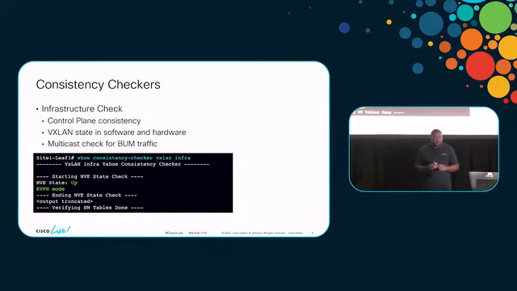Apart from our configuration checker, we also have an infrastructure check. The infrastructure check is going to validate things such as our control plane, our VXLAN hardware and software programming, and then lastly, the multicast tables as well, for those that are running multicast for your BUM traffic. But it also will validate the ingress replication as well.